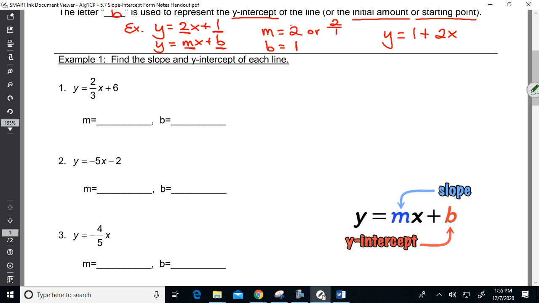Example 1: y equals 2/3 x plus 6. We're going to put the formula right on top. Again, the slope is the number in front of x. Go ahead, Amari, I saw you come off of mute.